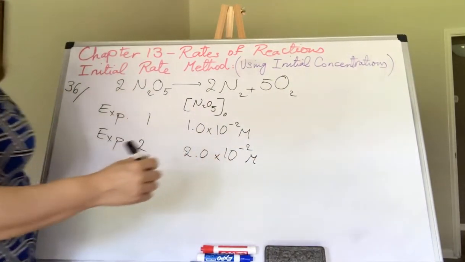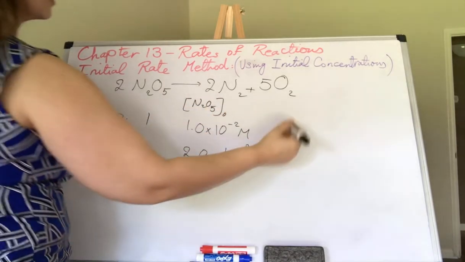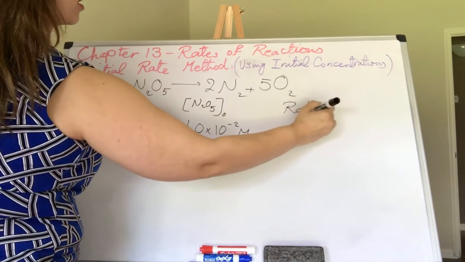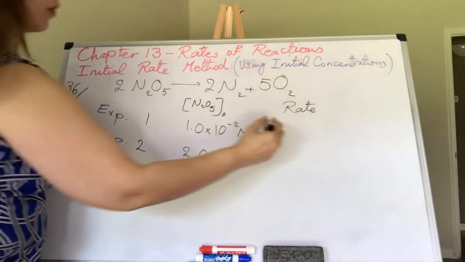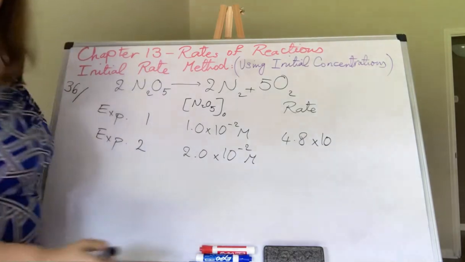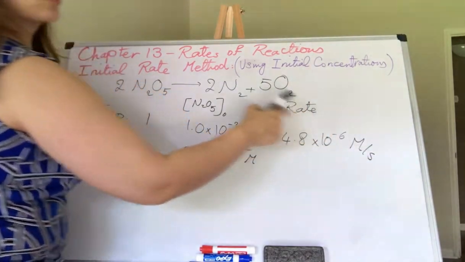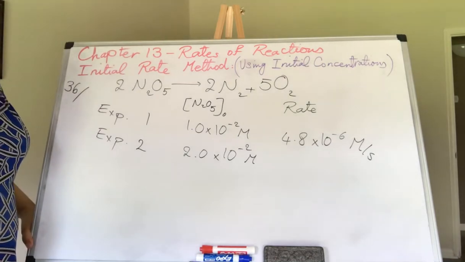The initial rate of decomposition of N2O5 is 4.8 times 10 to negative 6 molar per second. Remember I told you the rate is molar per second.